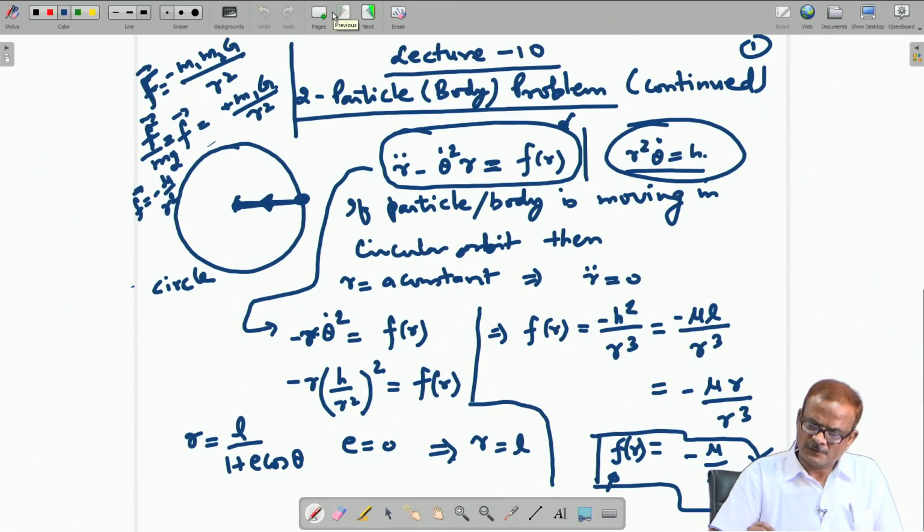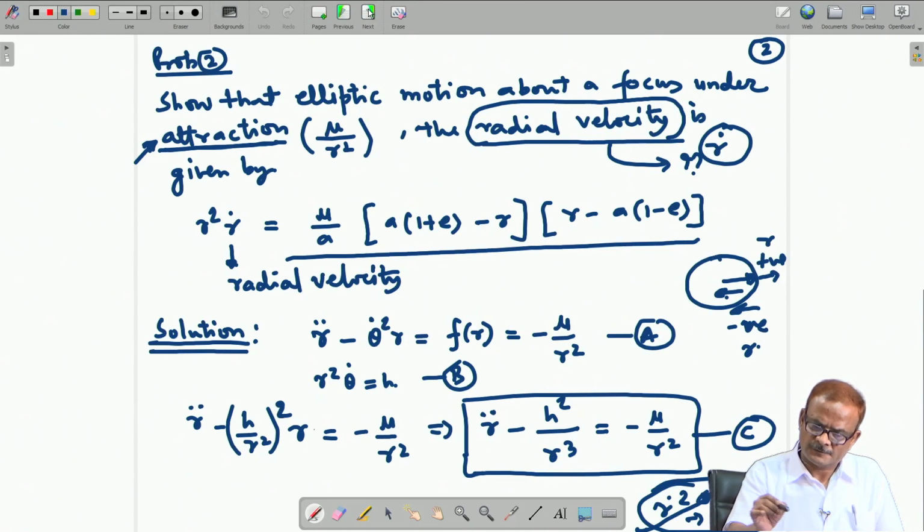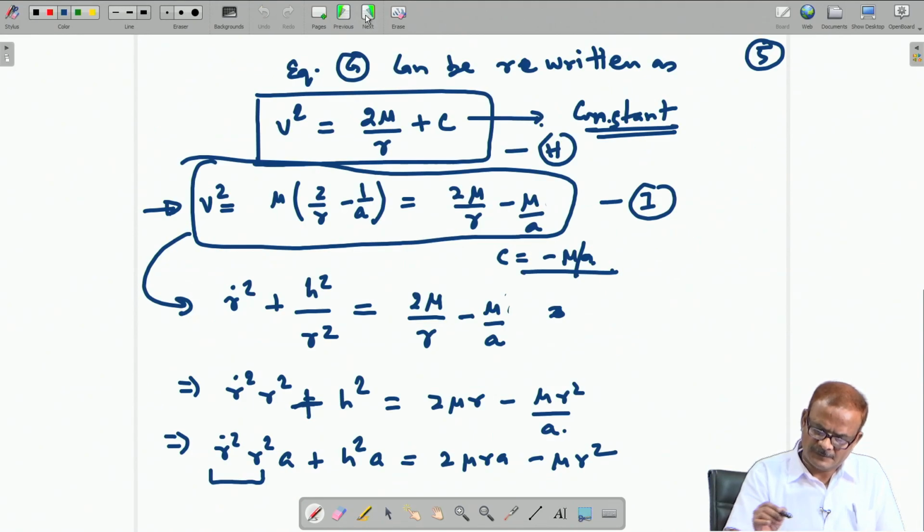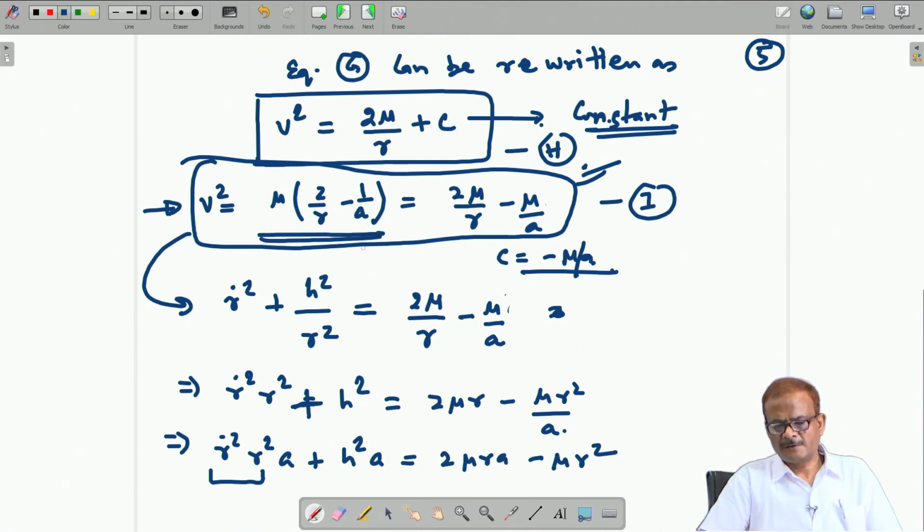So, we have started solving this problem in the two particle system. This was our problem here, and ultimately we have got the result, but at one stage we have used one piece of information which I have not derived still: v square equal to mu times 2 by r minus 1 by a.